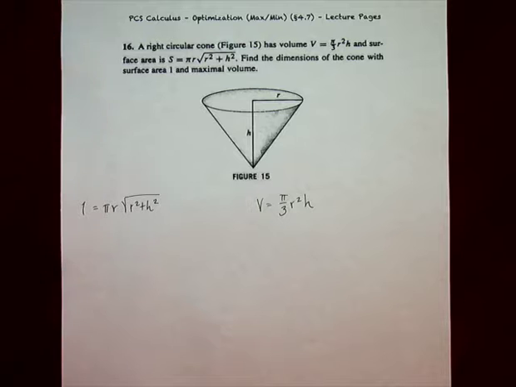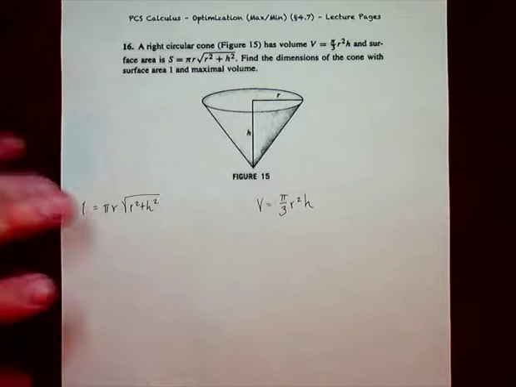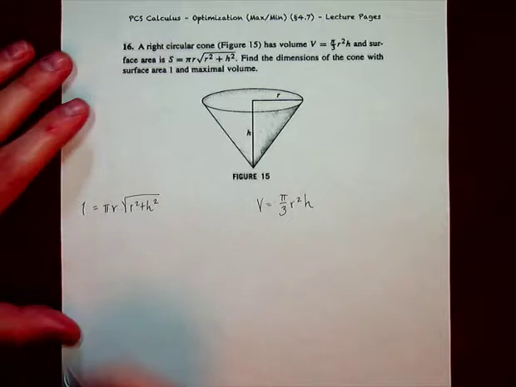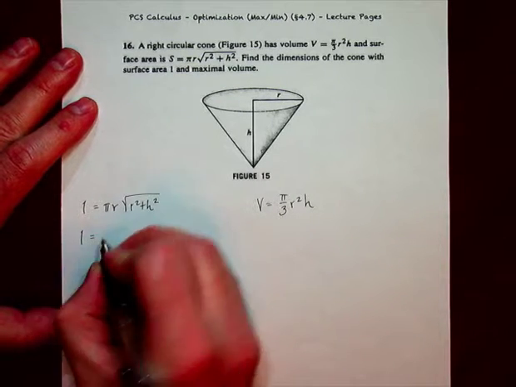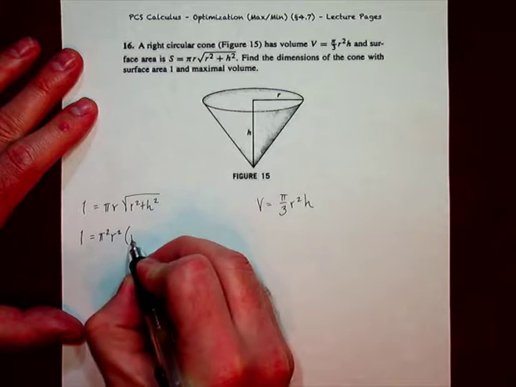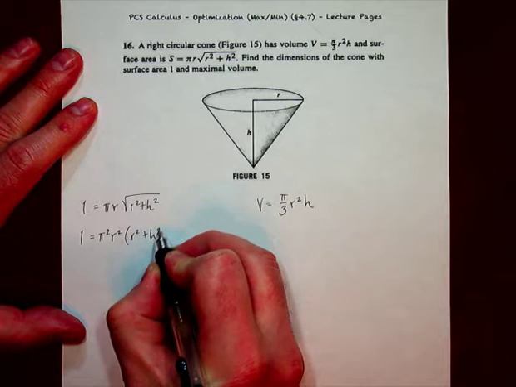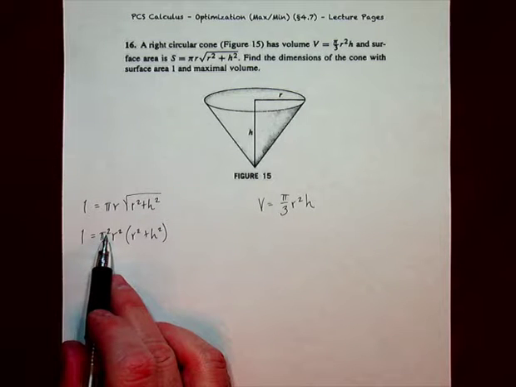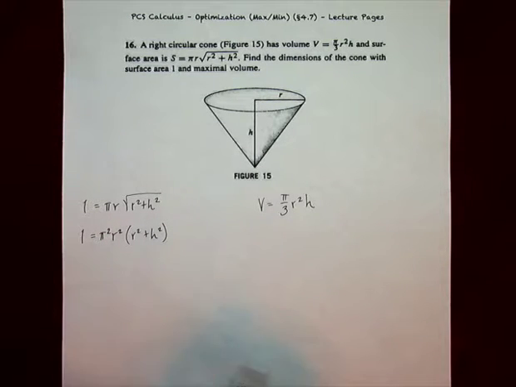Now, in order to solve for r or for h, I'm going to have to get rid of the radical, okay? And you might as well go ahead and square right here. The difficulty in all of this is you might accidentally lose the square on that pi because you're not used to seeing pi squared, and you'll get going fast, and that square on the pi will all of a sudden disappear, okay?